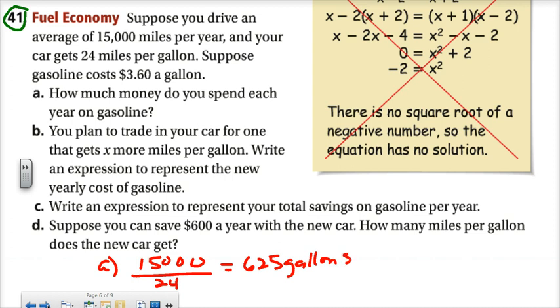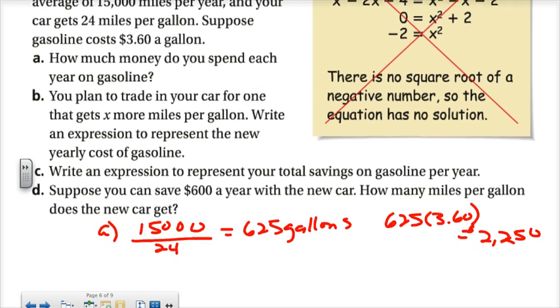Now we need to take that 625 gallons times $3.60 a gallon, and that comes out to $2,250. A lot of money for gas.